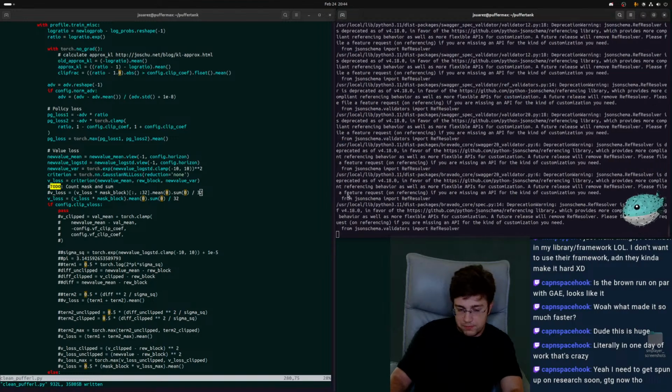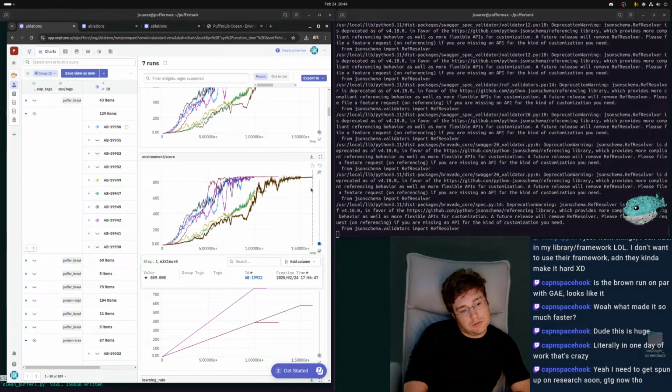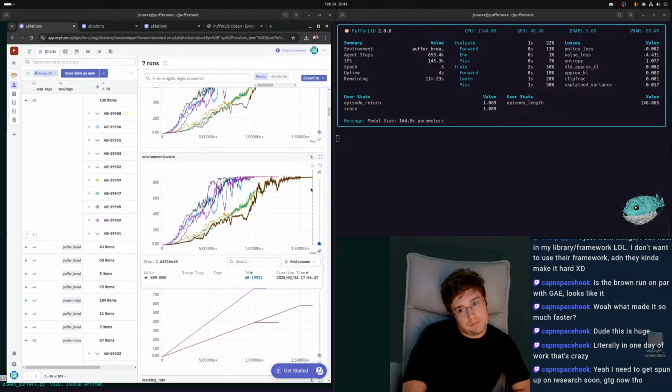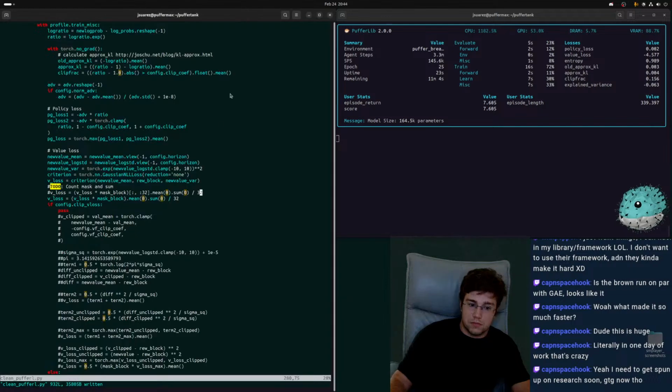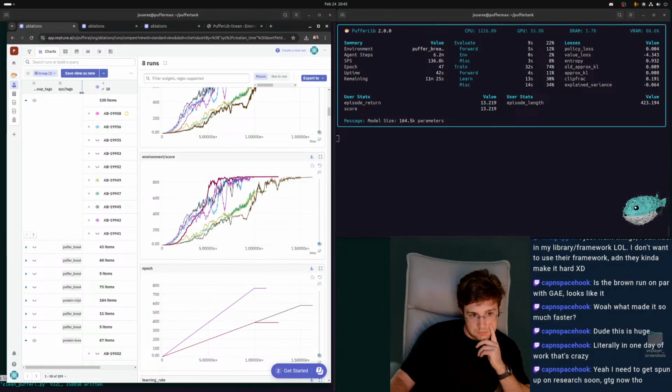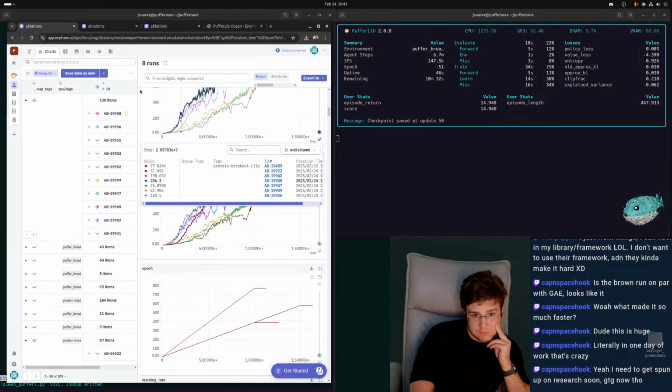Okay. So exciting. This is slower. Again, all this has to do is land in the middle.